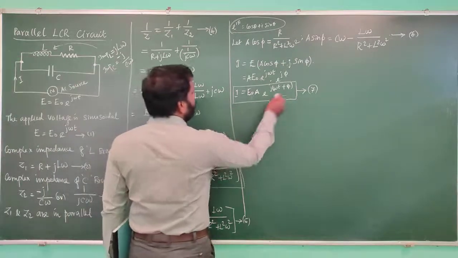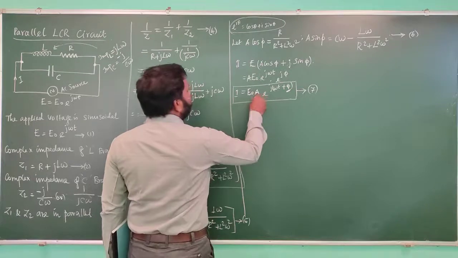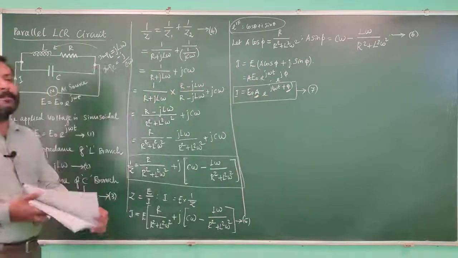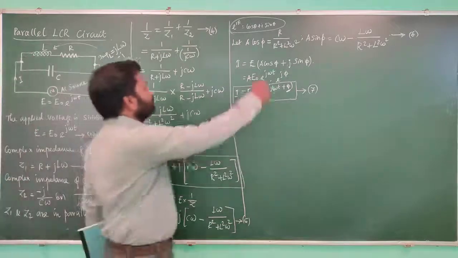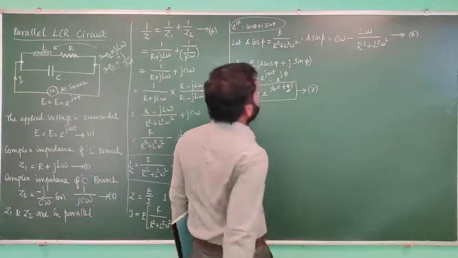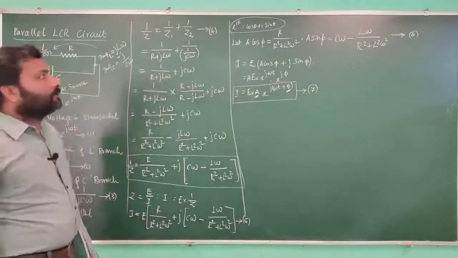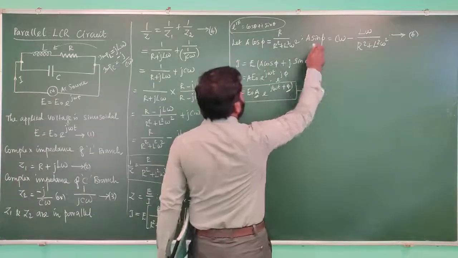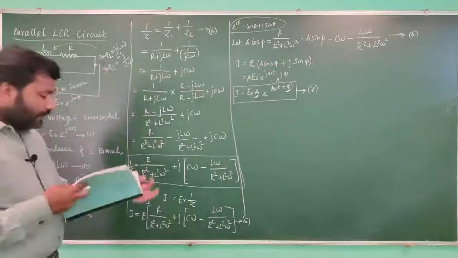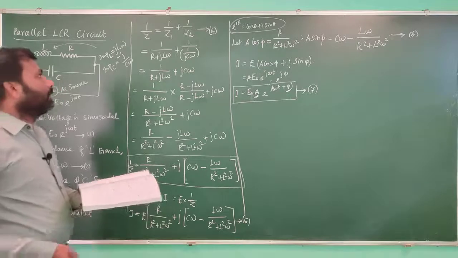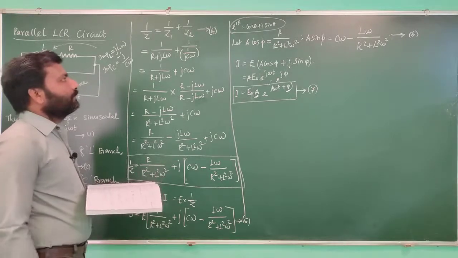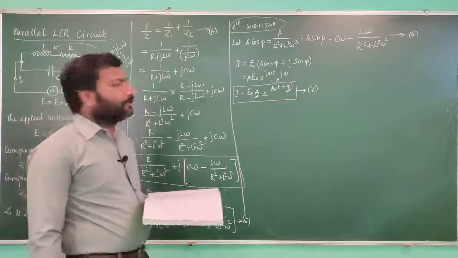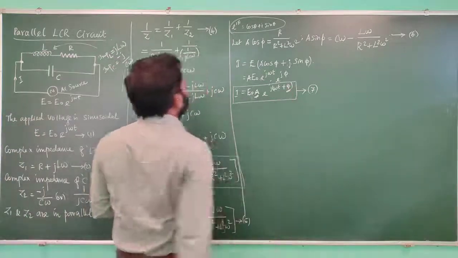In this expression, we have to calculate what is phi and what is A. We have to find the expression for phi and the expression for A. We can calculate that from this assumption, A cos phi and A sin phi, right? If we divide A sin phi by A cos phi, then we will get tan phi, and from that we can get the expression for phi.